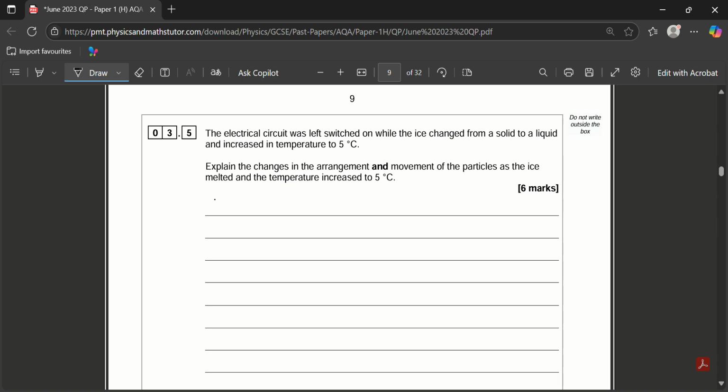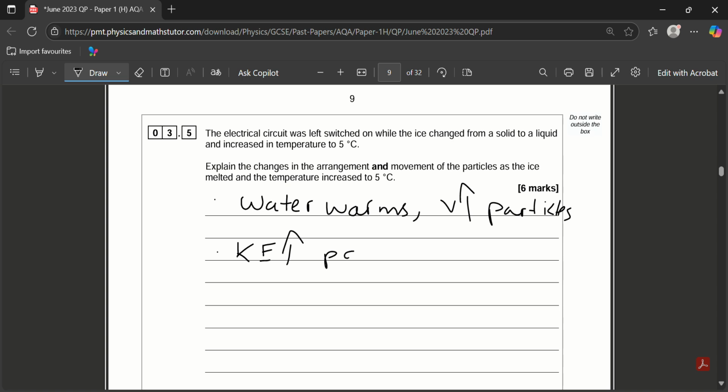So first bullet point, as the water warms up, we get particles moving faster. It's alright, velocity increasing there in short form, but do not do this in exams. Please use good English. That means the kinetic energy of the particles will rise.